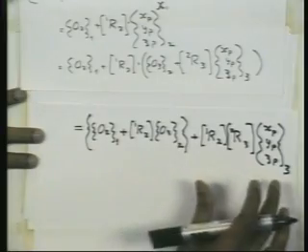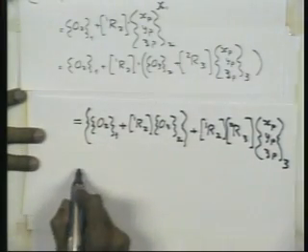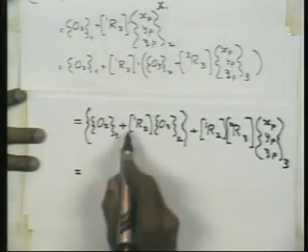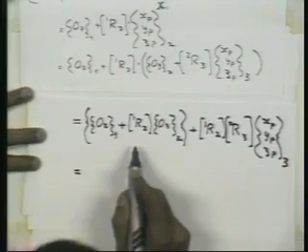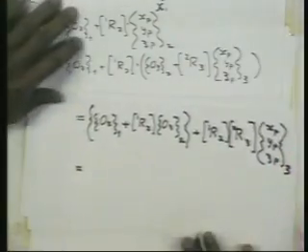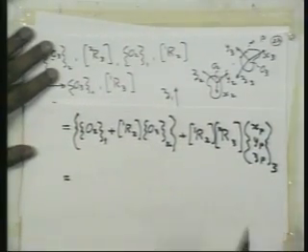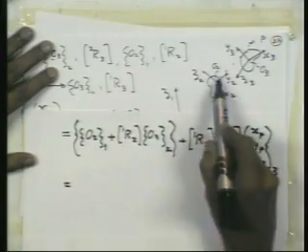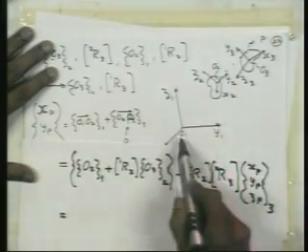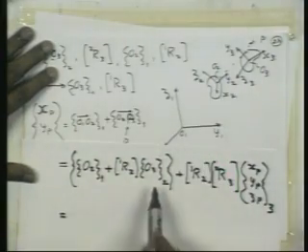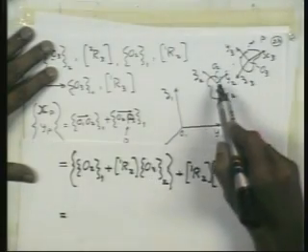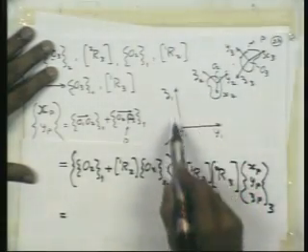Now I have split it into two vectors. If you look at this, you will realize that this consists of two vectors, that is O2 with respect to 1 plus O3 with respect to 2, but in this coordinate frame.